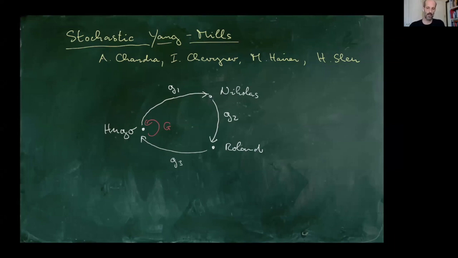If everything was flat, then what you would expect is that by the time Hugo is back in Geneva, nothing has changed for him, right? But this doesn't have to be the case. In general, the composition of these group elements, G1, G2, G3, might actually be different from the identity. Yeah?